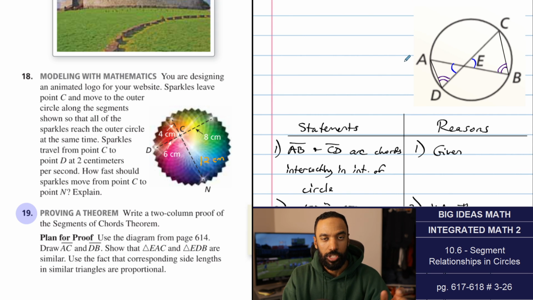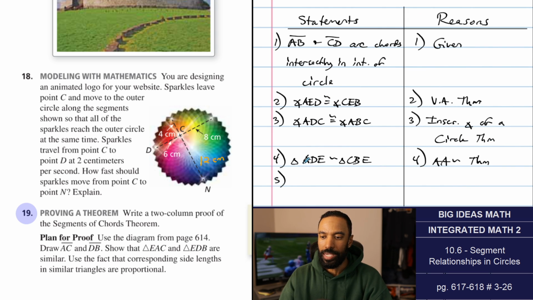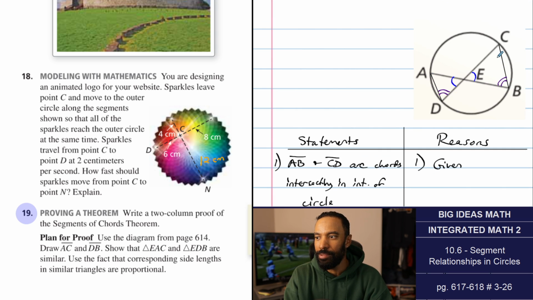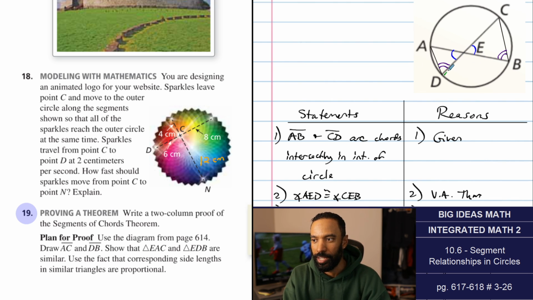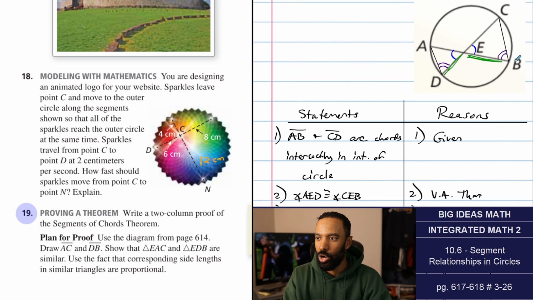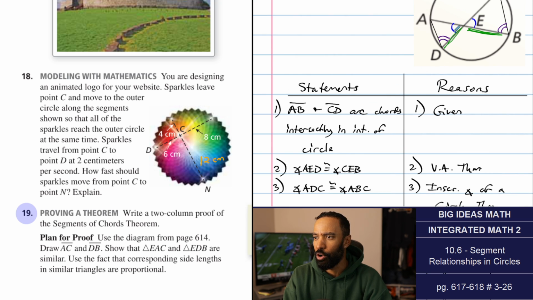Corresponding sides of similar triangles are proportional, so we're going to set up a proportion here. The ones that we care about, I don't care about AD and CB. I care about the ones that make up the chords. What are parts that correspond? DE clearly corresponds with EB.